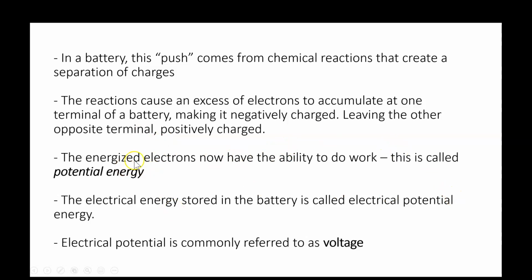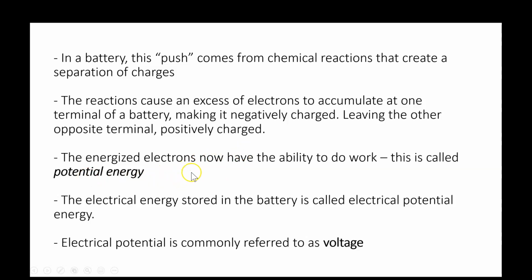When these electrons accumulate, they gain what is known as potential energy. They have the ability to do some work.